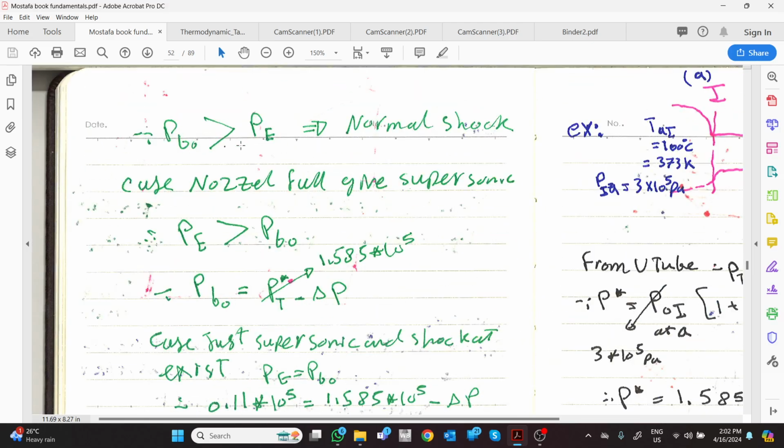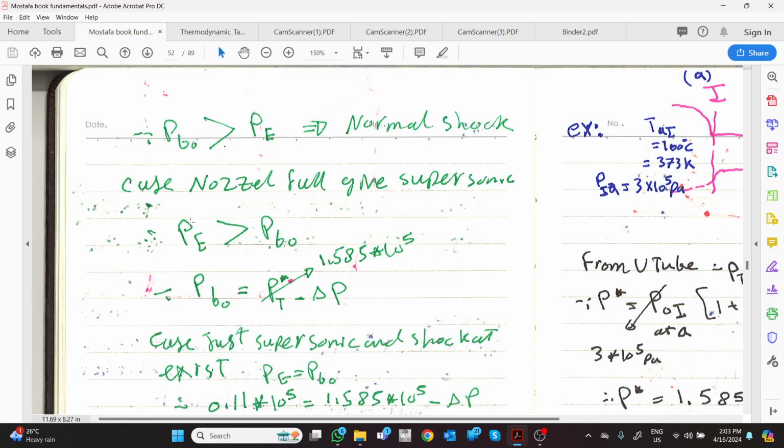Back pressure is bigger than exit pressure. So there is a normal shock going to happen. For the nozzle to flow fully supersonic, P exit should be bigger than this one.